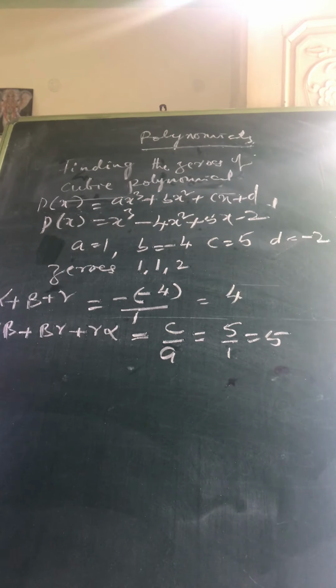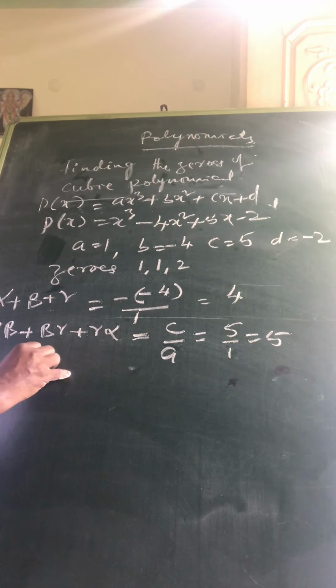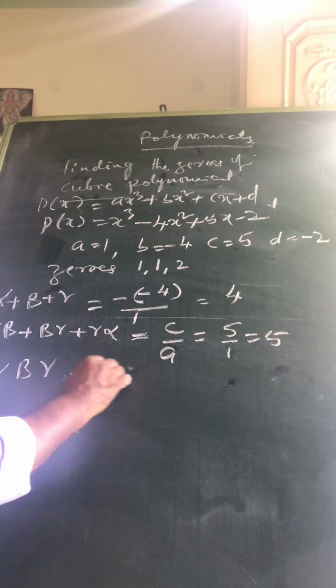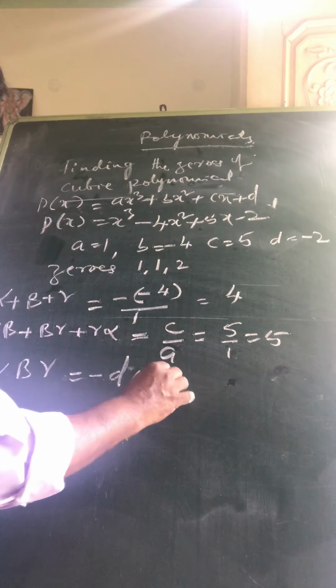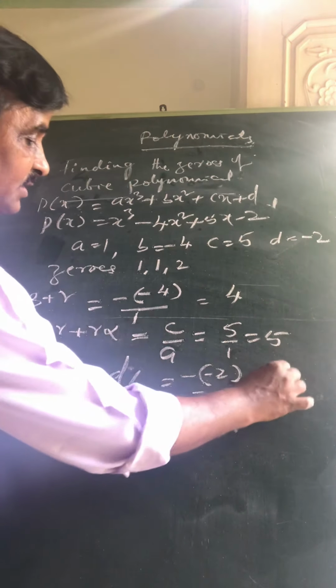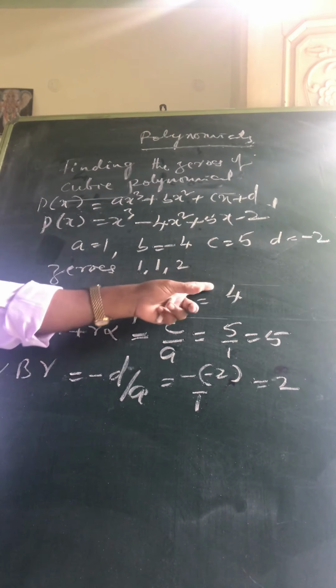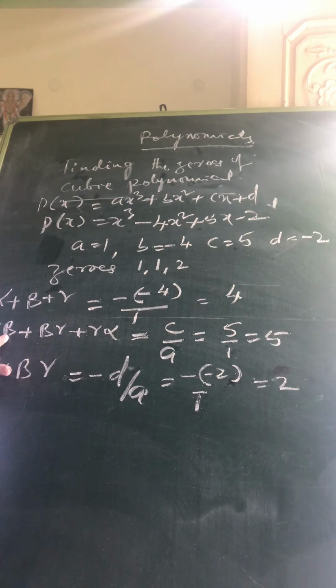Now third, the product of the zeros, alpha into beta into gamma, is equal to minus d by a, that is minus of minus 2 by 1 is equal to 2. Now you got that the sum of the zeros is 4, the sum of the product of zeros taken 2 at a time is 5 and the product of zeros is 2. Now we can verify from that.